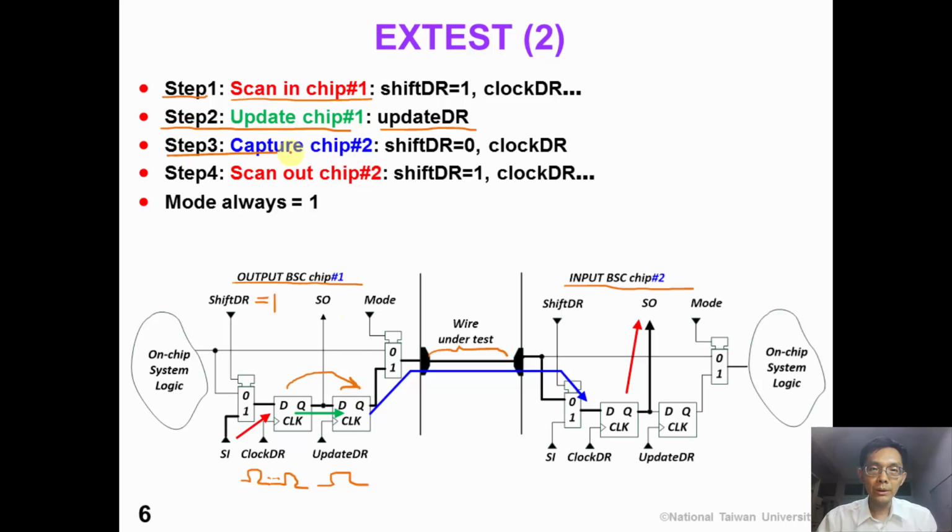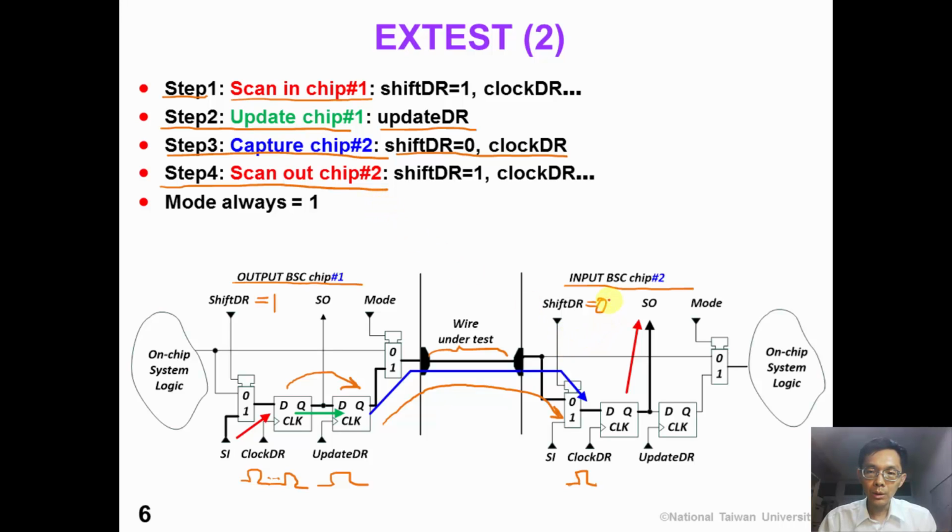In step number 3, we can now capture the response at chip number 2. We set shift DR to 0 and we apply one single clock DR. In step number 4, we can now scan out the content in chip number 2.